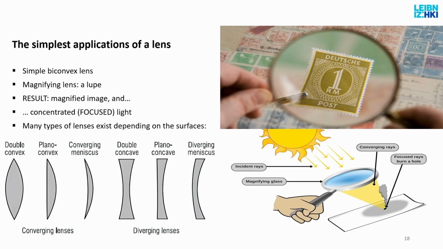Now, lenses come in a million different sizes and shapes. They do not have to have two outside curving, or so-called convex, surfaces. They can have one convex, one flat, two convexes but set up as a meniscus, and so on and so forth. The simplest application of this is to use a loupe, a magnifying glass.